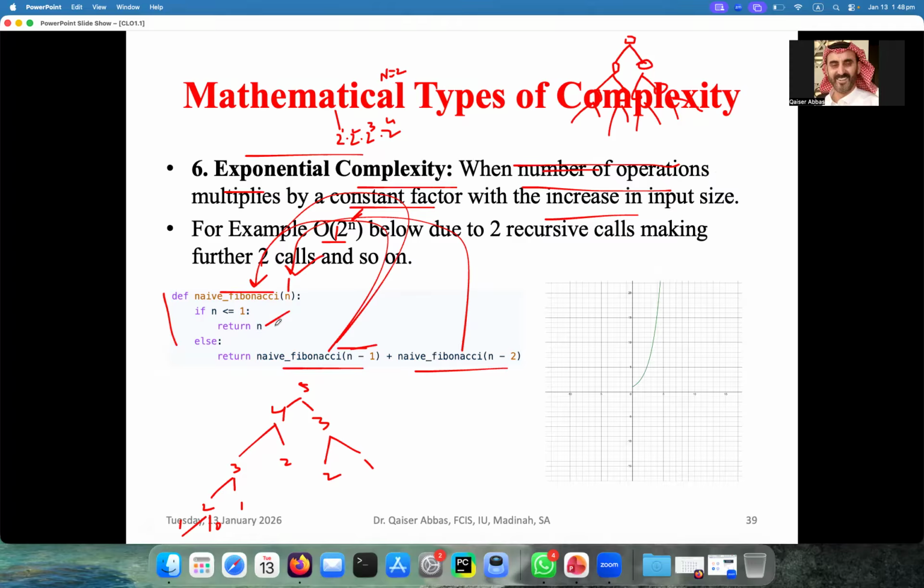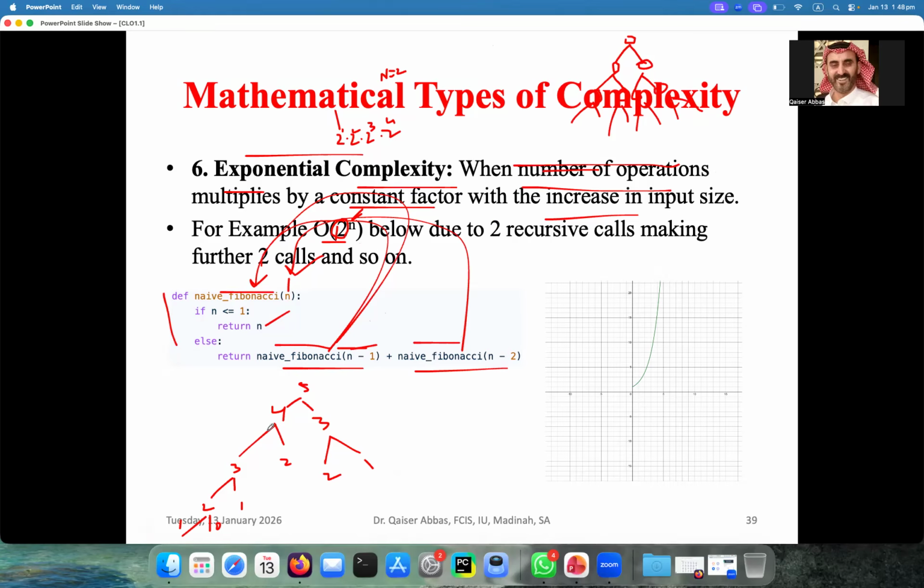Then this will return, first pushing and then popping due to recursion. A stack is used, but I'm not calculating space complexity. Recursion also behaves like iteration in loops. Here you are making two recursive calls, so due to these two recursive calls you have two here.